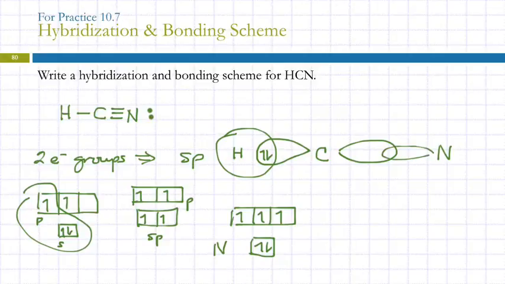So this is a p orbital from nitrogen, and that's going to overlap here. So this guy right here is a sigma bond between carbon using an sp hybrid orbital and hydrogen using just a regular old s orbital.